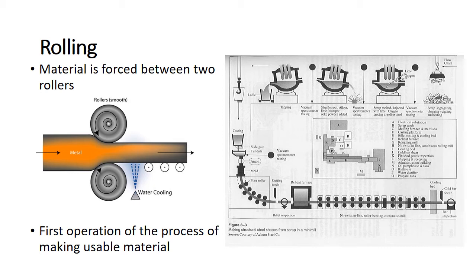They can tip these furnaces, pour out a little bit to test what the carbon content is and what the alloys are, and when it's fully cooked, they pour it into a ladle, take that to the casting area, and pour it out.